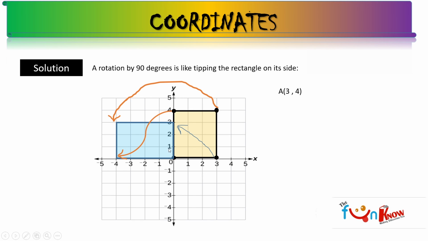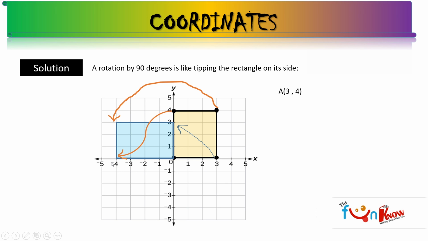This 3 which was there on the x-axis is now tipped and shifted to the y-axis. So we can see the position, students. 3 was on the x-axis, which is shifted to the y-axis, and 4, which was on the y-axis, has shifted to the x-axis. While shifting, it has changed its sign also. It was positive 4 here, it has changed to negative 4.